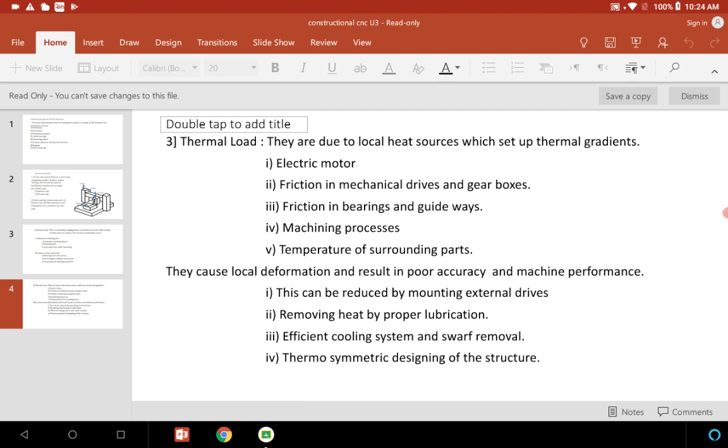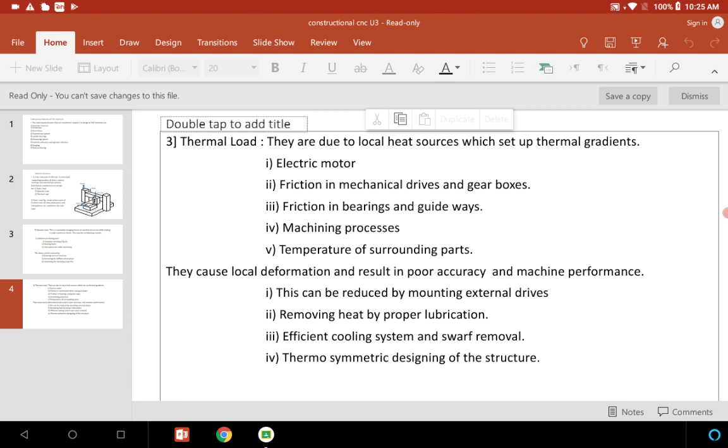While the cutting process is taking place, heat may also be generated in machining processes, and to a little bit the temperature of surrounding parts also. All these are included as thermal load.